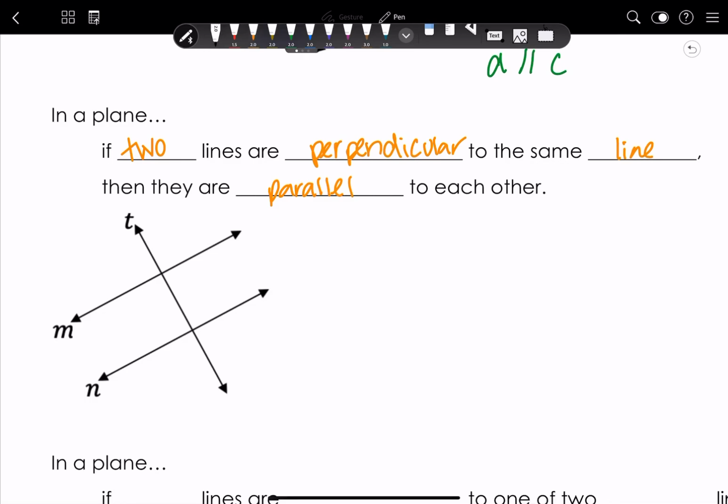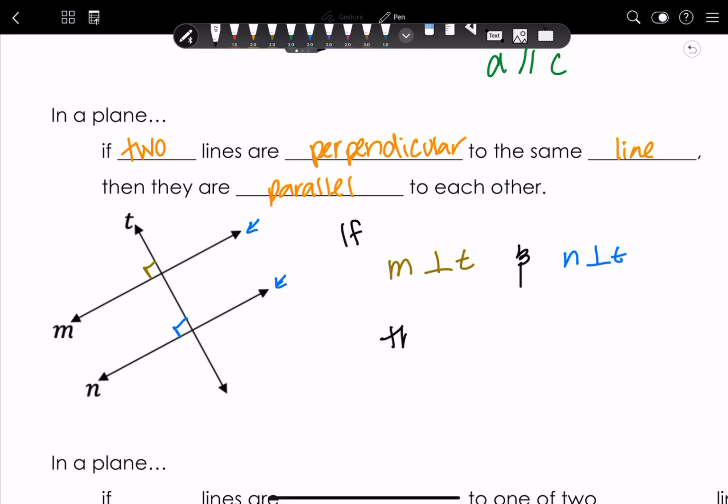Let's say we've got, if line M is perpendicular to line T, okay? And line N is perpendicular to line T. Well, they're both intersecting at 90 degrees, and you know that these two will never end up intersecting.